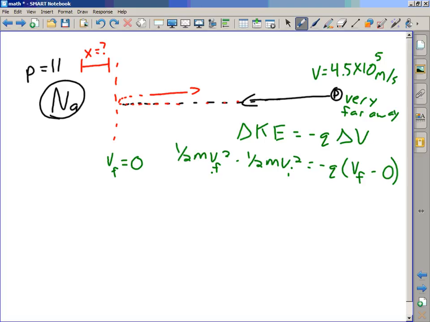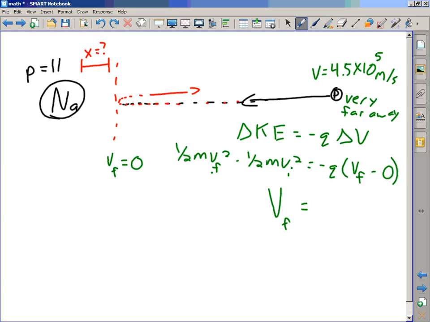That lets me solve for the final voltage. So I will know the final voltage point this proton stops at.